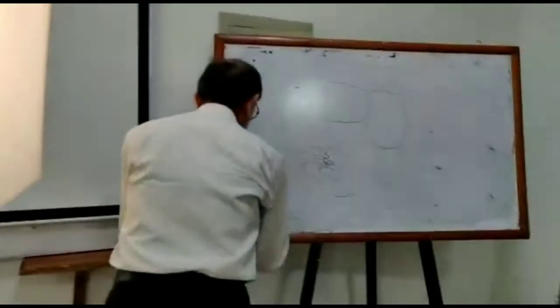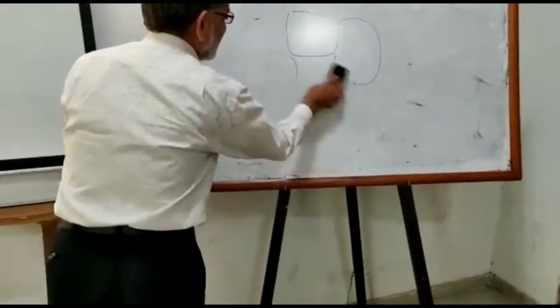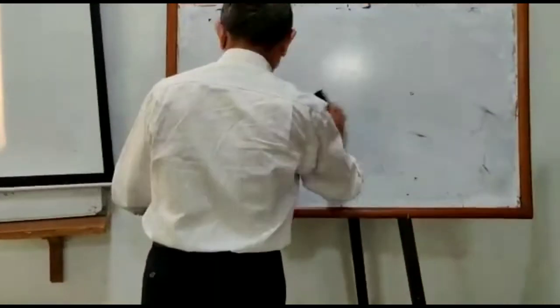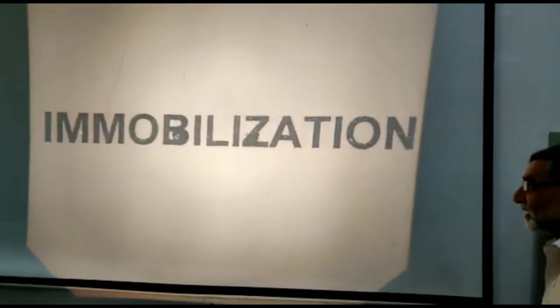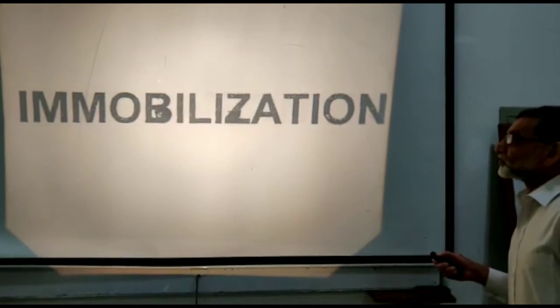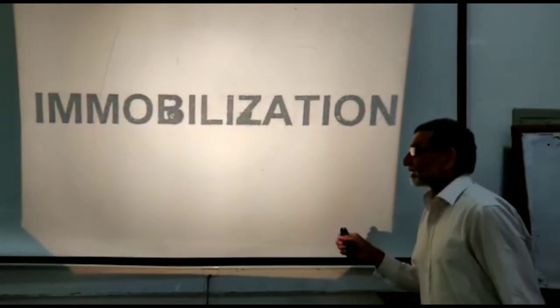Now, I would like to explain it. What do you mean by immobilization? As the name indicates, immobilization. Im here means not, mobilization means to mobilize. So it should not be mobilized. It should be restricted to a particular area, and in that respect we could know it.